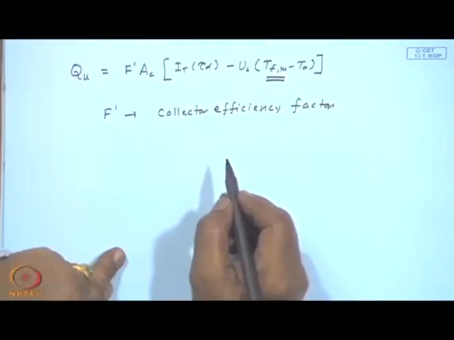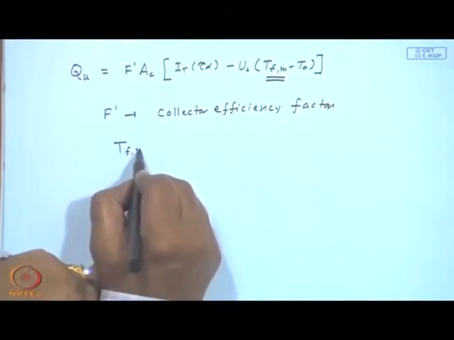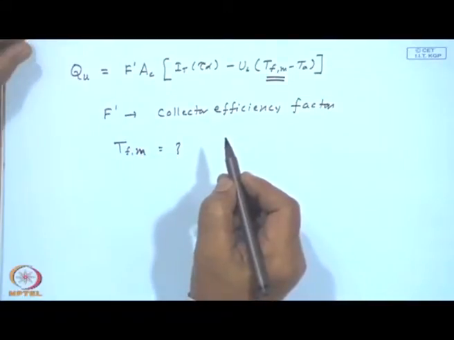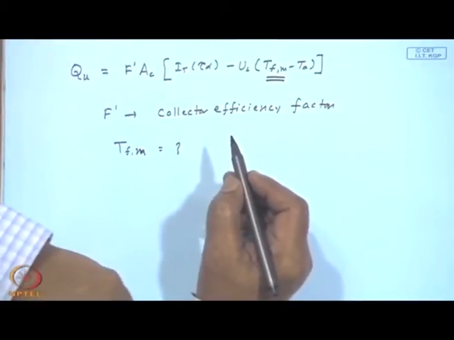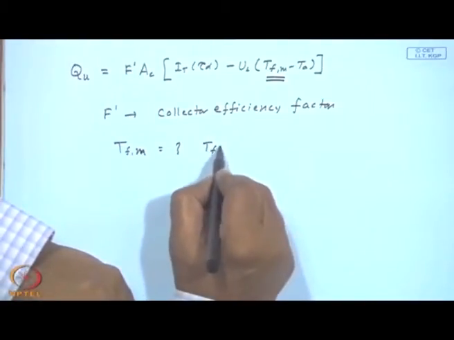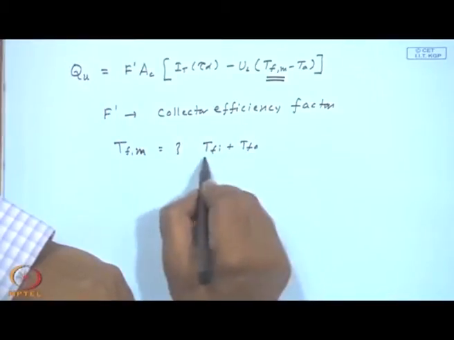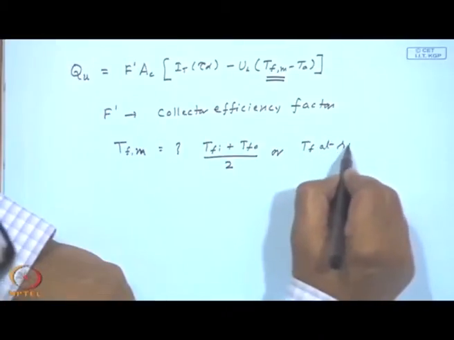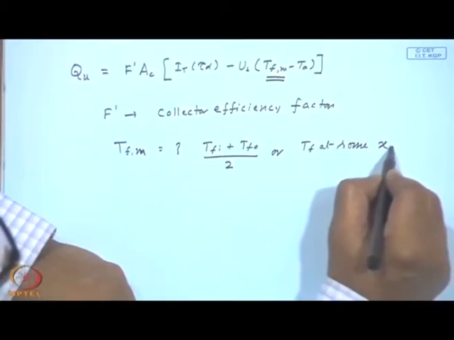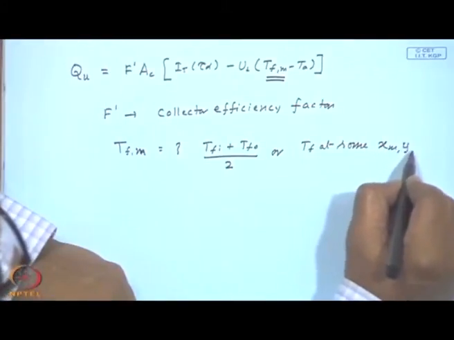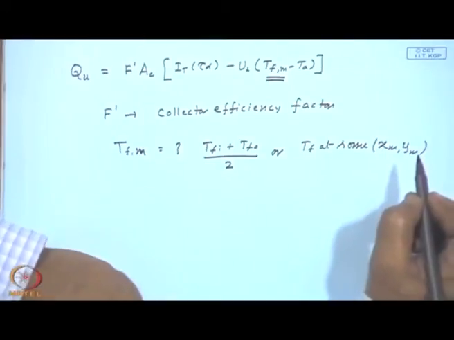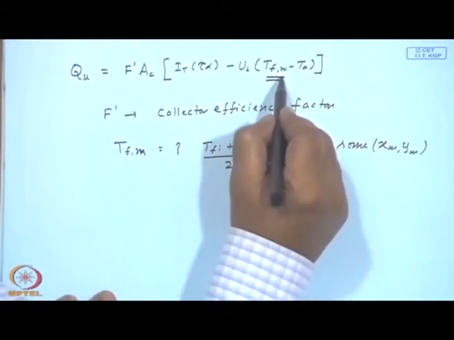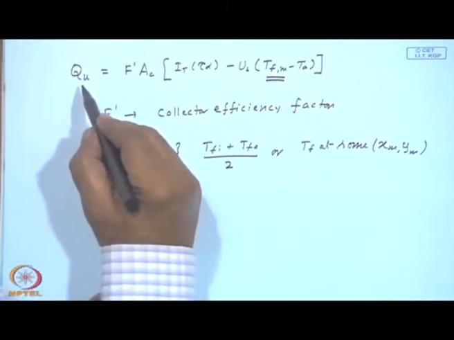Then the question arose, what is the mean fluid temperature? One definition could be inlet temperature plus outlet temperature by 2, or T f at some mean coordinate x m and y m. With these, again there is uncertainty in the estimation of Q u.